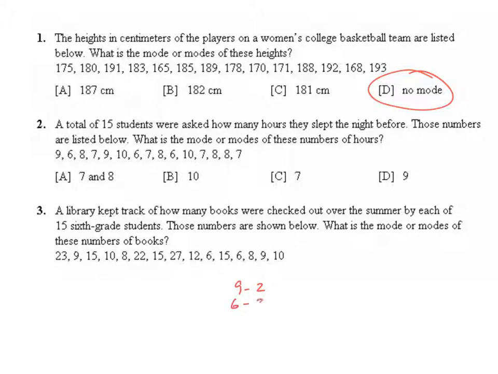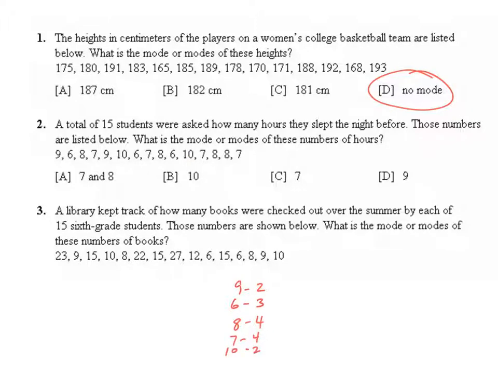So 6 is going to be 3 students. 8, I have 1, 2, 3, 4 8s. 8 is 4 students. 7 is 1, 2, 3, 4 students. 9 I've already counted. 10, I have 1 student, 2 students.